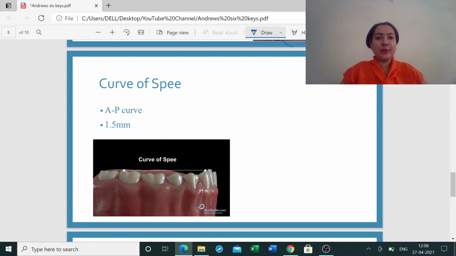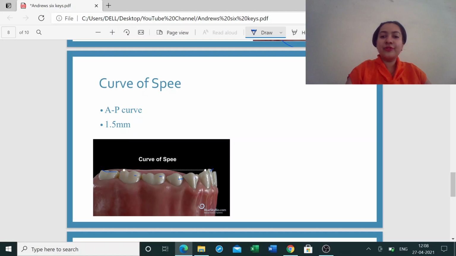You all must have heard about curve of Spee, maybe more in prostho. So first, what is curve of Spee? Curve of Spee is an anteroposterior curve which is traced by touching the buccal cusps of posterior teeth, moving anteriorly and touching the incisal edges of lower teeth.